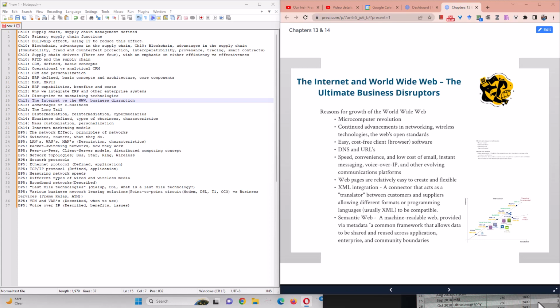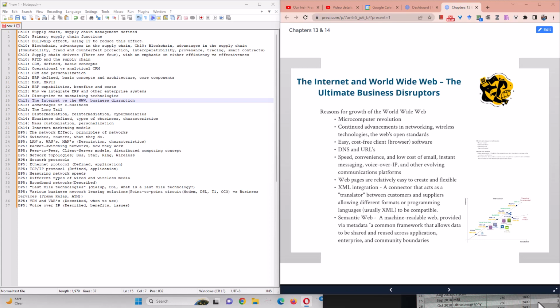Collaboration and communication over the internet is so inexpensive, with a variety of options: instant messaging, email, voice over IP. Also, content is relatively easy to create, and there are a lot of options for presenting content over the web.